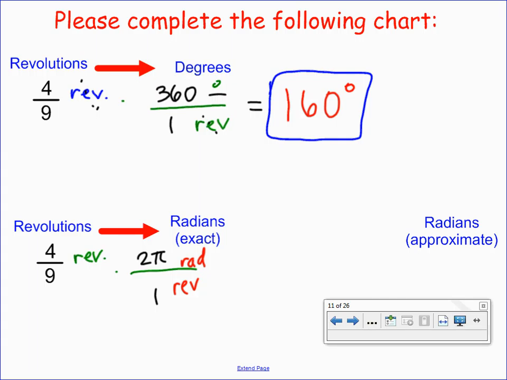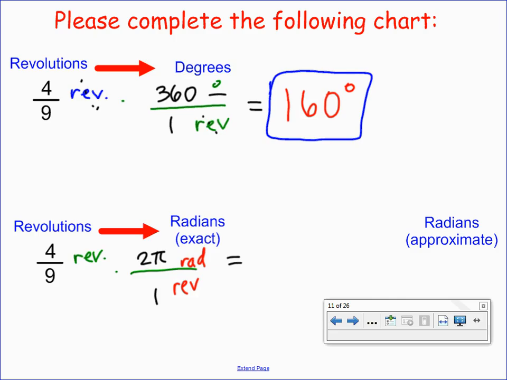If each radius of length on the outside of a circle corresponds to 1 radian of spin on the inside, then my circumference formula told me that C equals 2 pi r. Therefore, there must be 2 pi radians of spin on the inside in order to get that 2 pi radius length on the outside. That's pretty sweet.